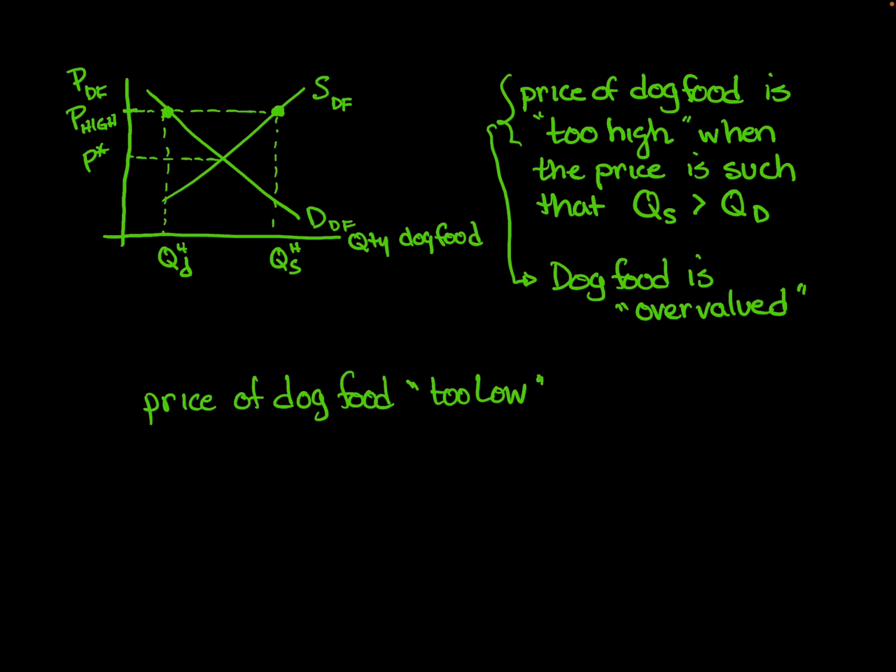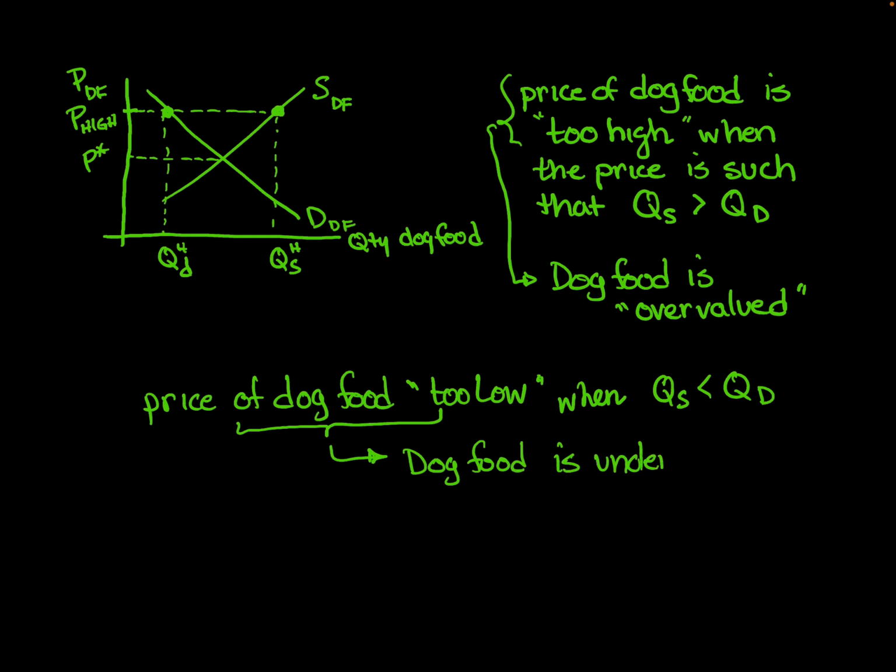We said a price is too low relative to the equilibrium price when the quantity supplied is less than the quantity demanded, or in other words, a shortage. And we would have said in that context, we didn't, but we could have said that the price of dog food, or dog food itself, is undervalued.